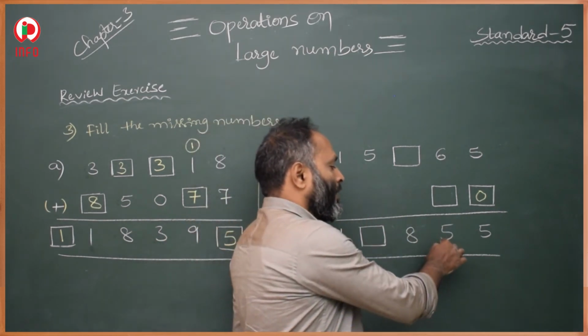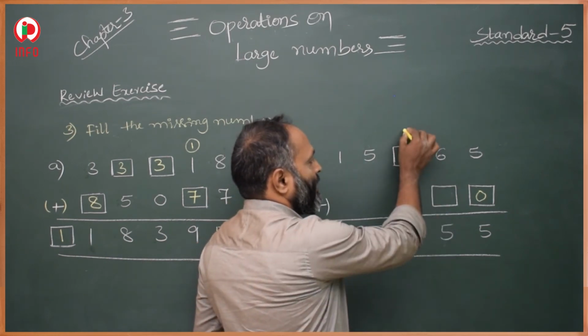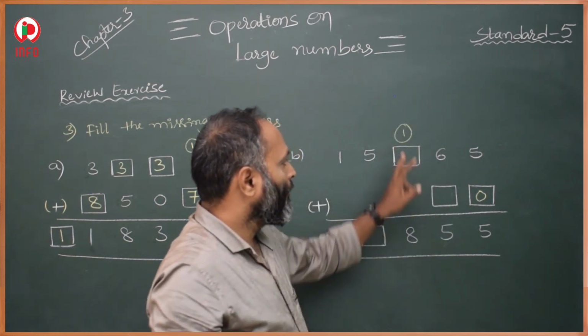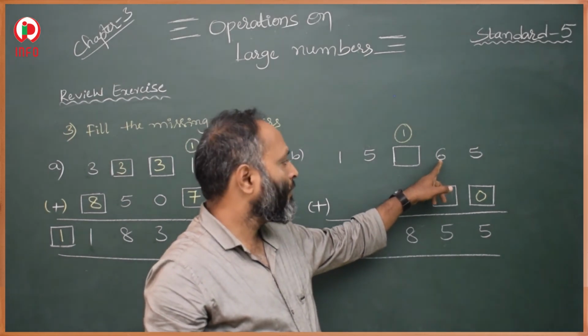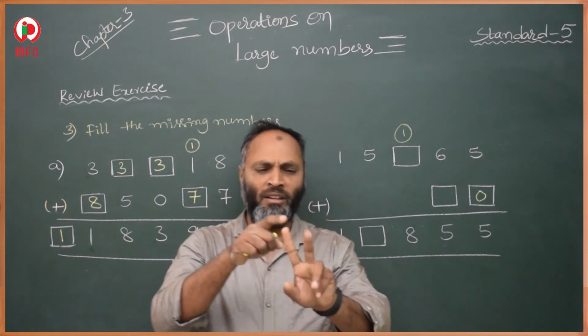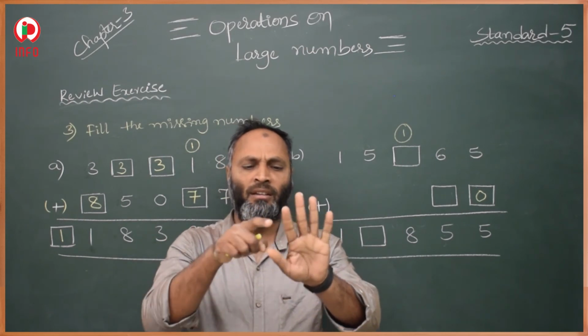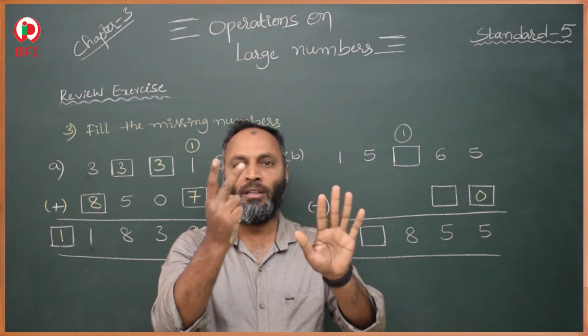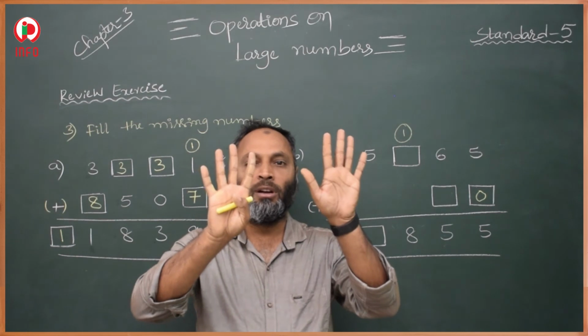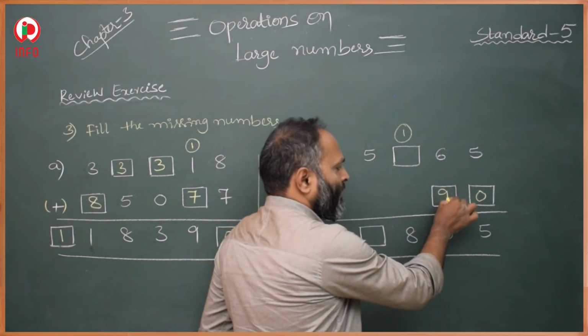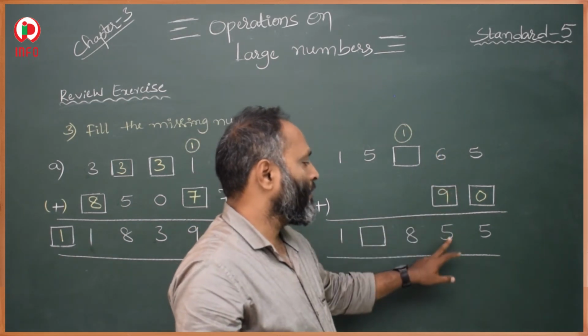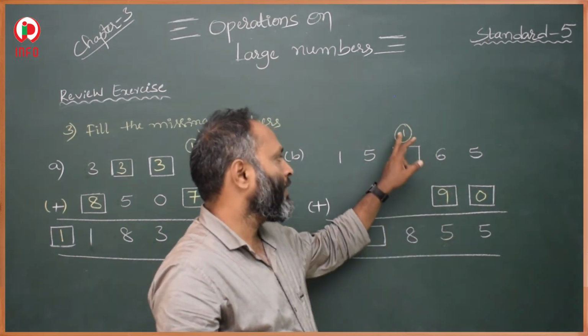So 15 should come here, with 5 here and 1 here. For getting 15, what do we have to add to this 6? Count from 7 to 15: 7, 8, 9, 10, 11, 12, 13, 14, 15. We have to add 9 more. 6 plus 9 is 15.